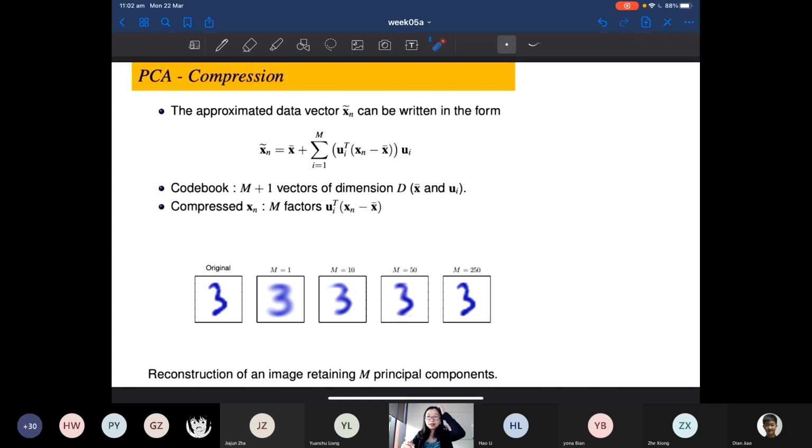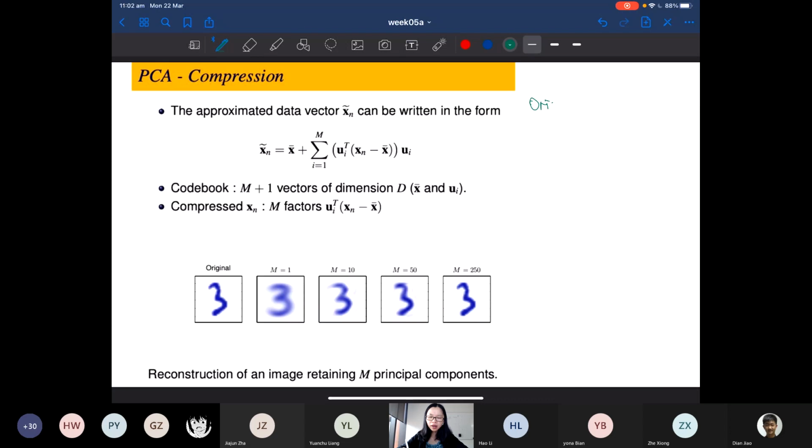Basically what we said on the last slide: if we represent the data with m PC dimensions plus the mean, we only need m plus 1 vectors to represent a d-dimensional vector. So the compressed x is essentially m coefficients each. Let's work on this a little bit.